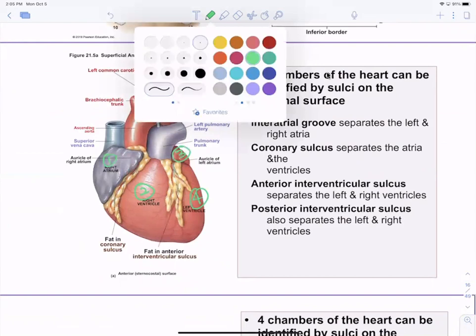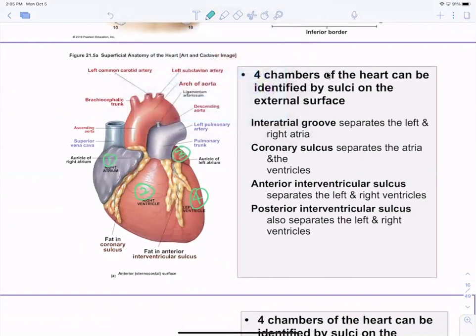Again, there are things that separate it. So you have what's called a coronary sulcus here between the right atrium and ventricle and between the left atrium and ventricle. And then you have an interventricular sulcus coming down the front.